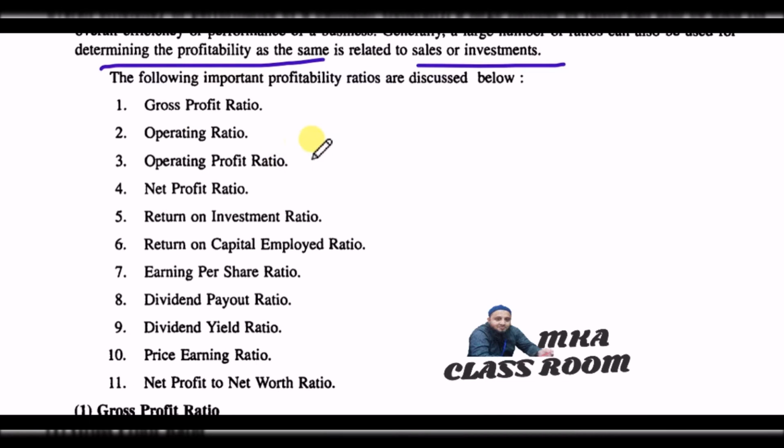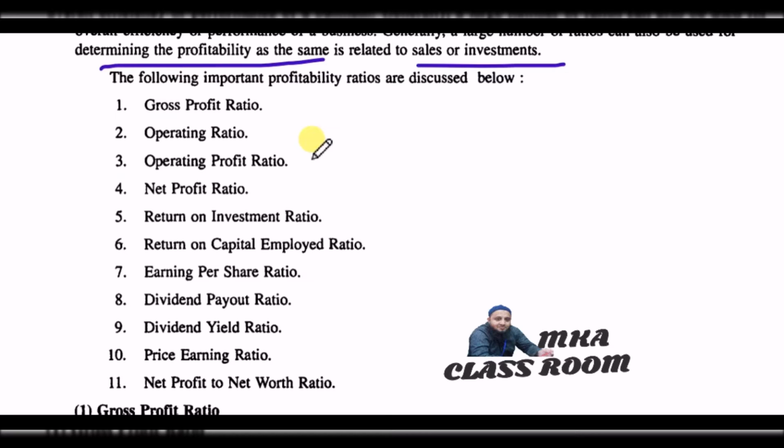We will see gross profit ratio, operating profit ratio, net profit ratio, return on investment ratio, return on capital employed ratio, earning per share ratio, dividend payout ratio, dividend yield ratio, price earning ratio, and net profit to net worth ratio.